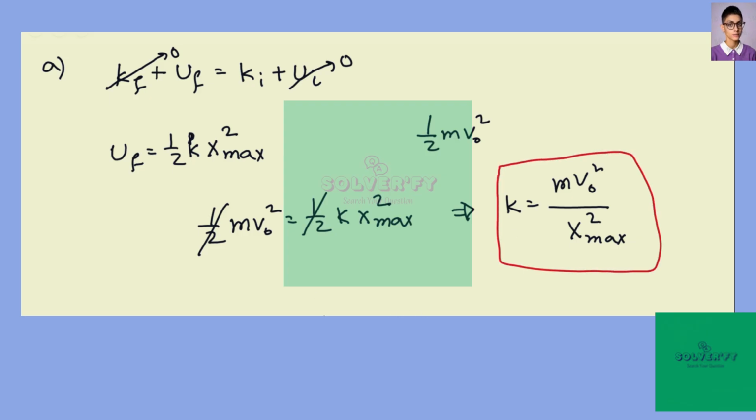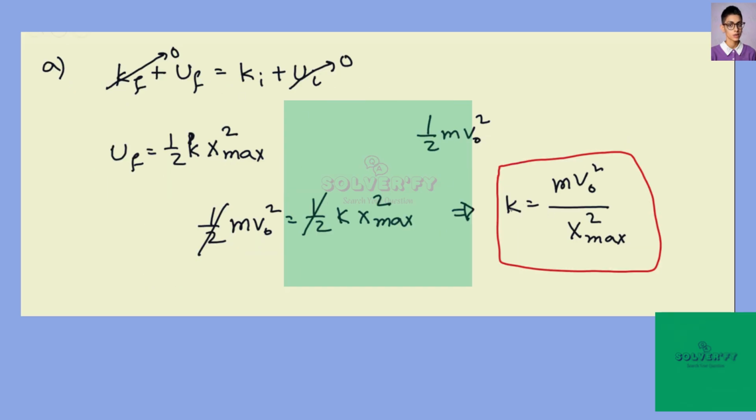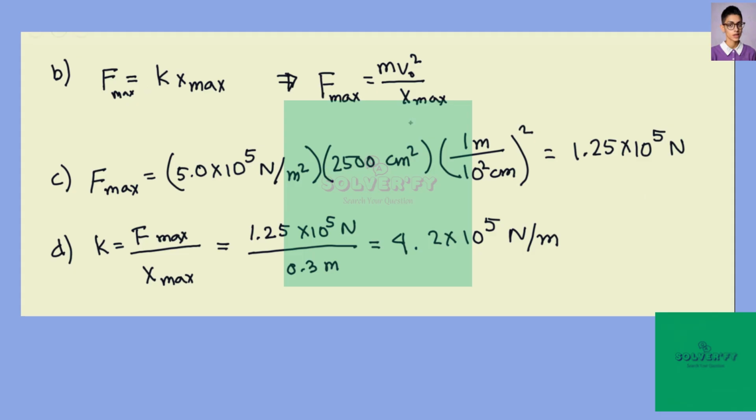Now in part B, we need to find out the maximum force. So for maximum force, we can use k times x max, where again k is the force constant. Since we have already figured out this relation of k, we can substitute k by F over x max.